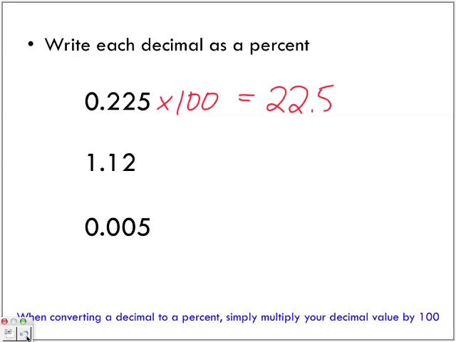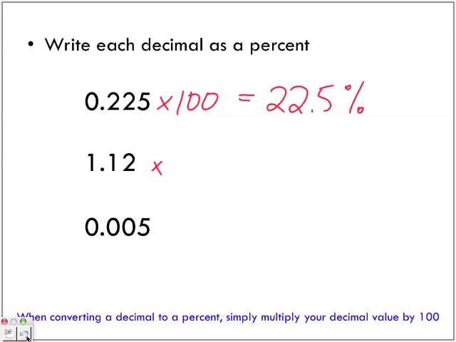But now be careful. What are we asking for? Converting it to a percent. So our answer should include the percent sign, because otherwise 22.5 is just a number. What are we talking about? We're talking about percent, so you need to show that.